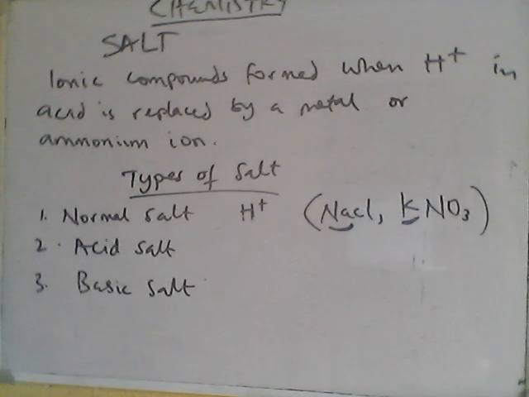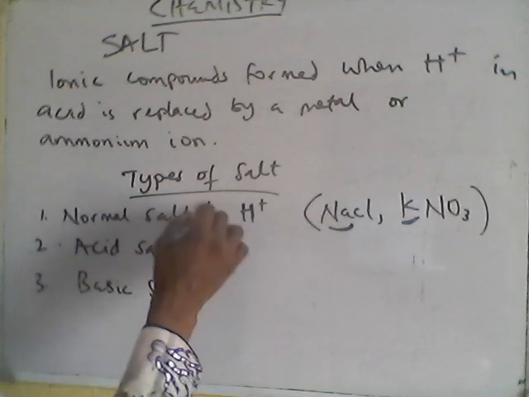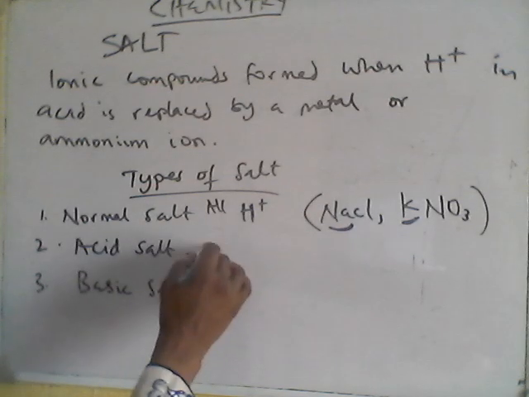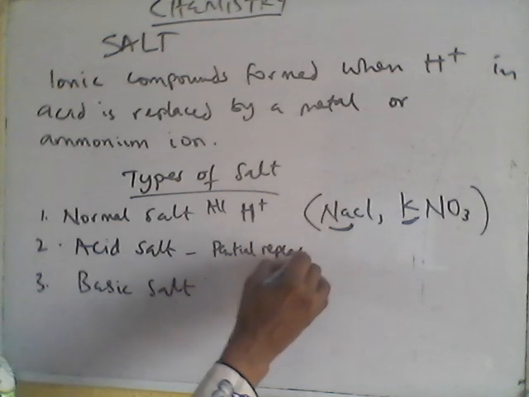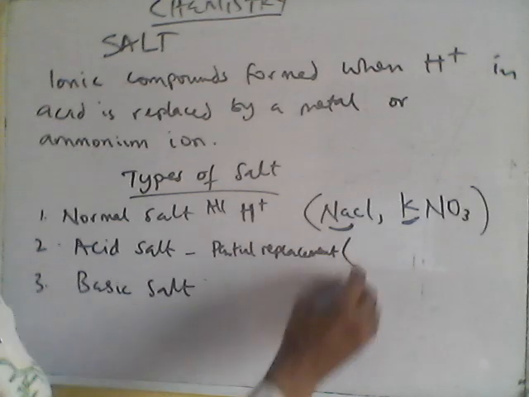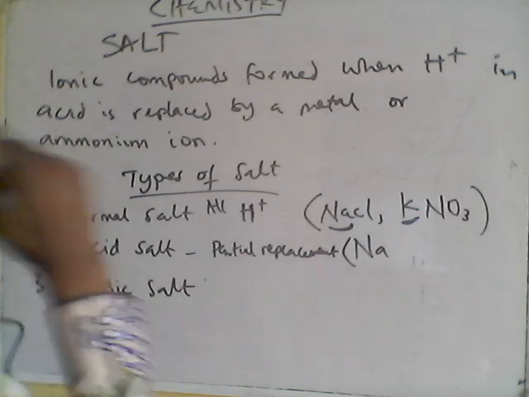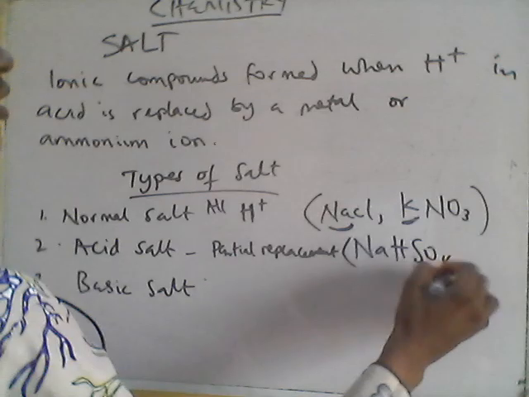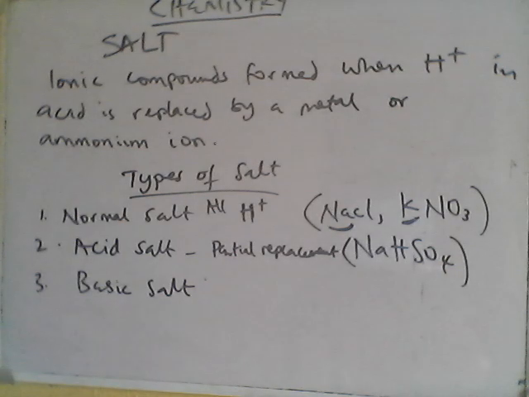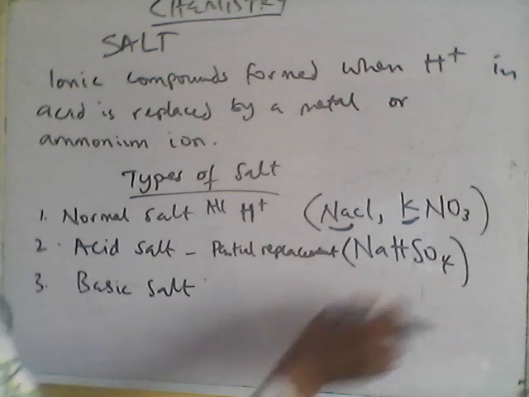But acidic salt is partial displacement or partial replacement. This one is all replacement, that one is partial replacement. So when you have partial replacement, what happens? You now have a residual hydrogen inside. For instance, sodium hydrogen sulfate is an example of an acidic salt. Normally, if there is no hydrogen here, it should just be sodium sulfate.